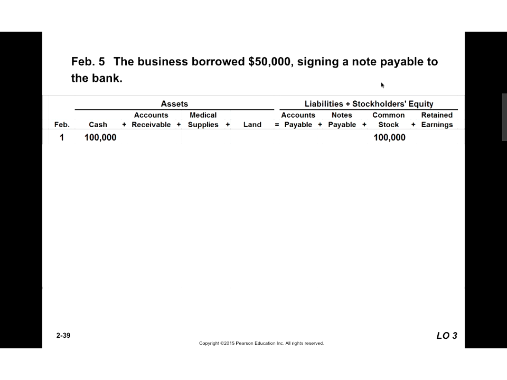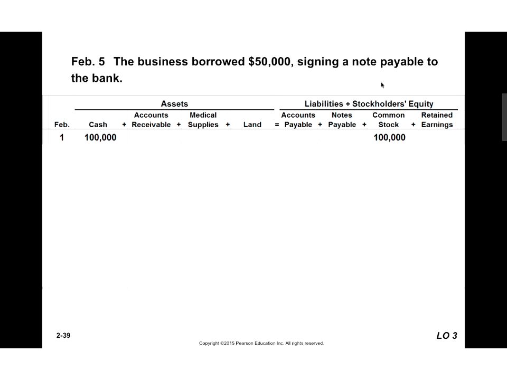So next transaction given to us. February 5th, the business borrowed $50,000 signing a note payable. If the business borrowed $50,000, it's getting $50,000 cash. So we're going to show another $50,000 in the cash column, and it's increasing, so it would be a positive.